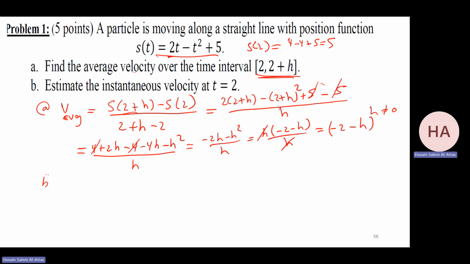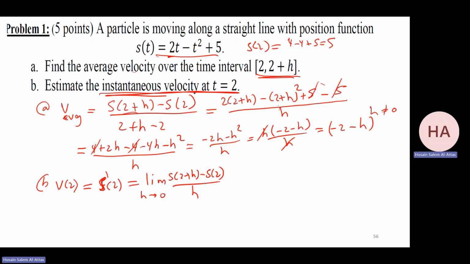Now, part B, find the instantaneous velocity at time equal 2. So I have V at 2, which is S prime at 2, which is the limit as h goes to 0 of S at 2 plus h minus S at 2 over h.